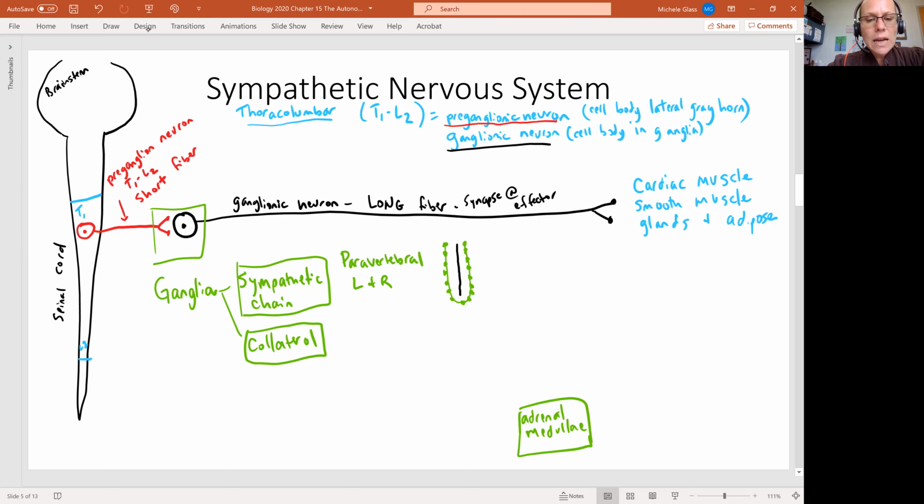And this section of ganglia then are going to communicate with effectors that are located in the head, neck, thorax. And here, thorax is talking about heart, lungs, those organs inside the thoracic cavity.